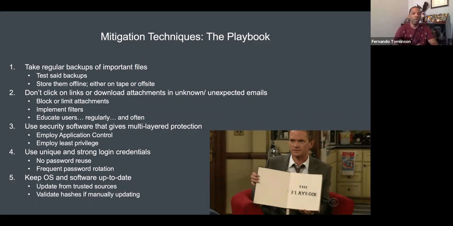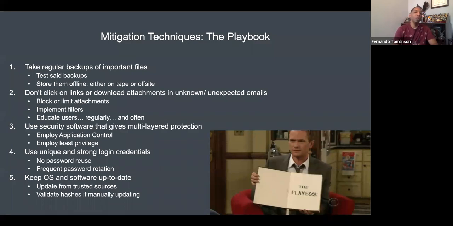We want to ensure that if you're using on-prem services, you have some form of defense in depth. That gets a little bit crazier when we're talking about the cloud, but we want to look at application control and least privilege, all of those things that make it a little bit more difficult for malicious code or malicious logic to actually execute, even if somebody did click a link. We want to prevent people from reusing passwords or even just changing it from password01 to password02.